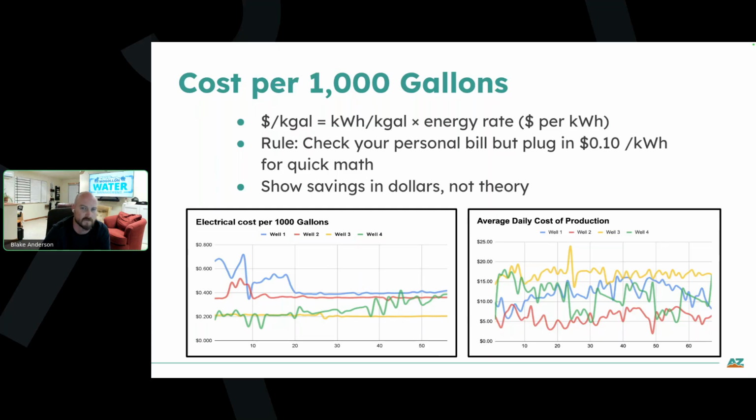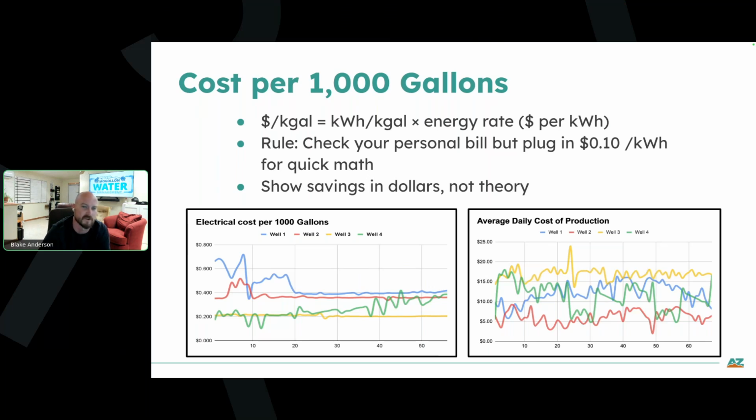You can check your own electric bill to see how much they're charging you in your local area. Obviously, time of use is another factor. Depending on the size of your setup, you may be able to get better commercial rates. But our local company, I think it's 0.098. And so that's why we use 0.1 just as a quick reference point, so you don't have to go look it up yourself if you want to do some quick calculations.